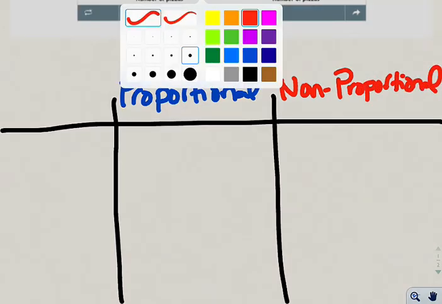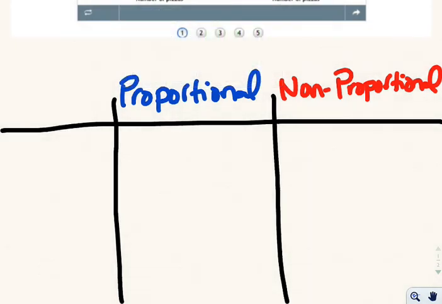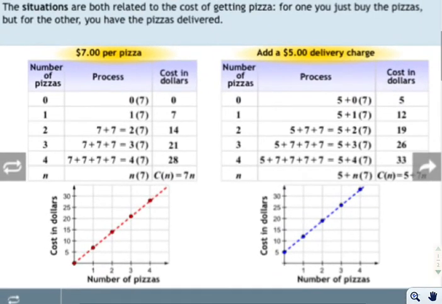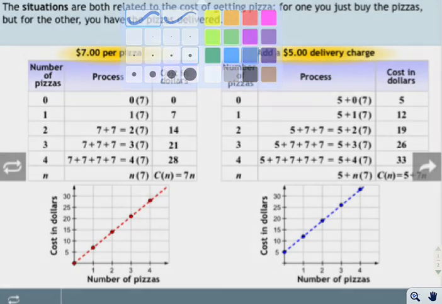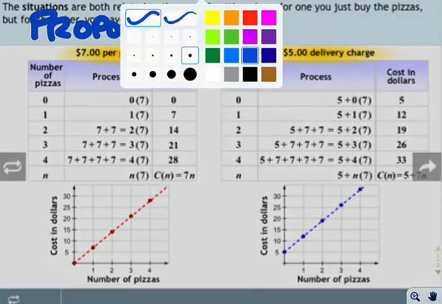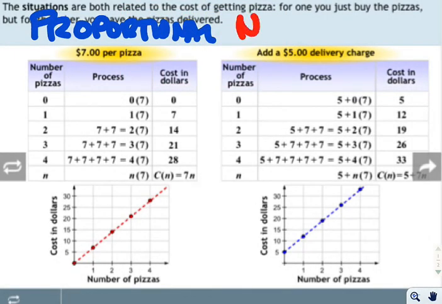I'm going to talk about them in several different ways. One way is in terms of a table. What we have to establish right off the bat is that we have a good example here of a proportional and a non-proportional relationship, the left-hand side being proportional, and the right-hand side being non-proportional.